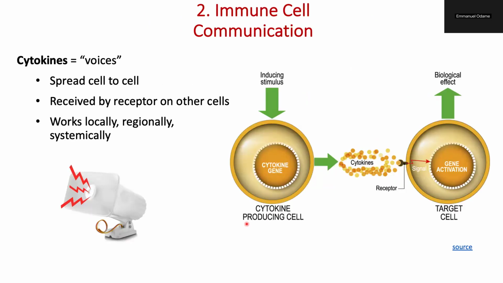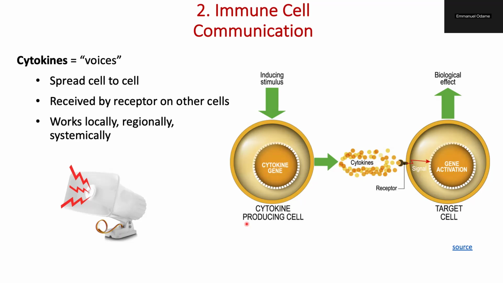So now let's talk about the modes of communication which we've seen. The first one is cytokines. You can just see these as your voices, like the way we shout and just talk to someone next to the table or someone in the room. Cytokines, you can just imagine them as voices.